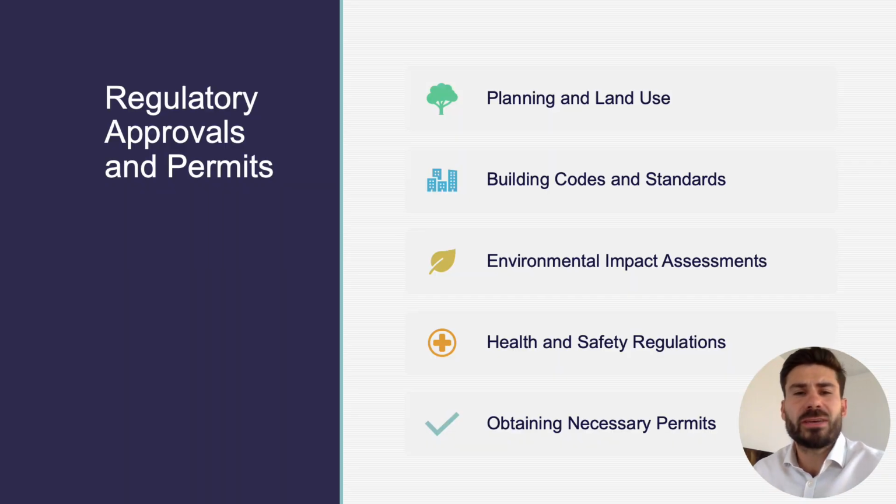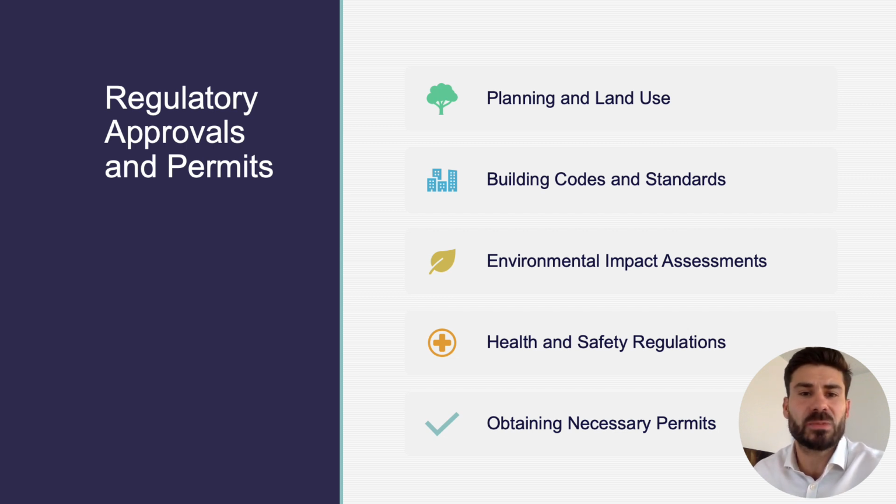So, navigating regulatory approvals and permits is an essential part of the development process. You'll need to ensure your project complies with planning and land use regulations, which dictate how the land can be used. Building codes and standards ensure the safety and sustainability of your development.